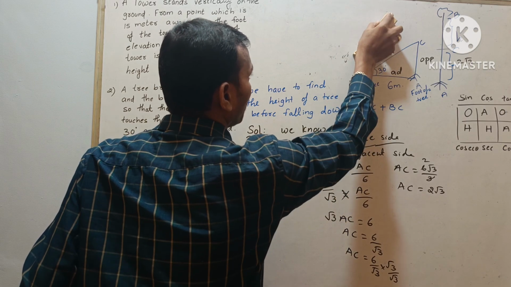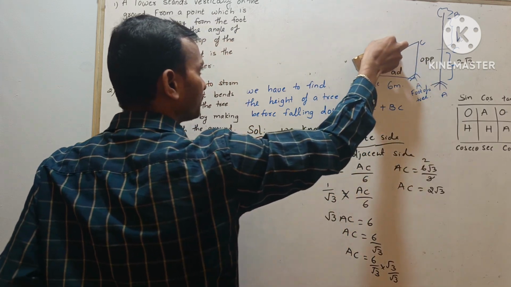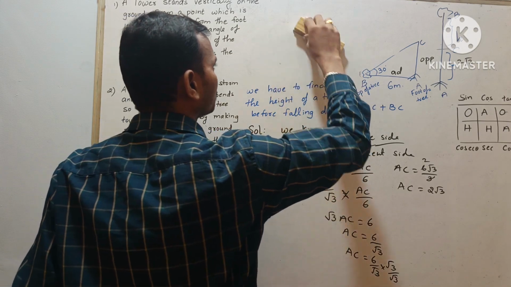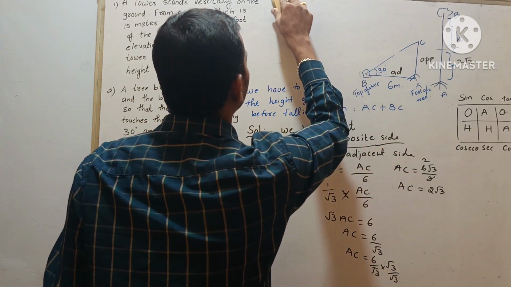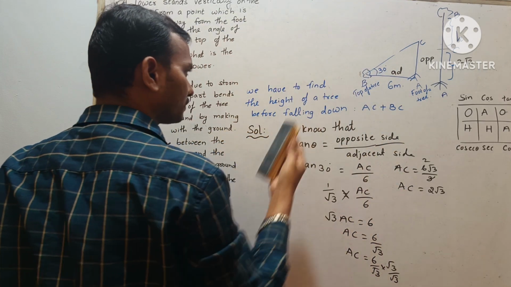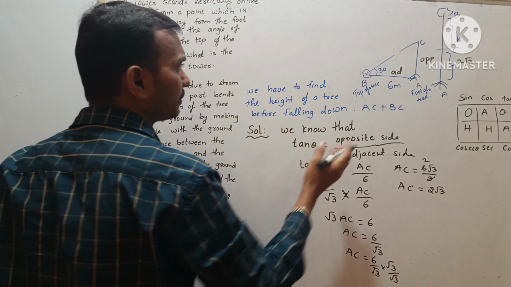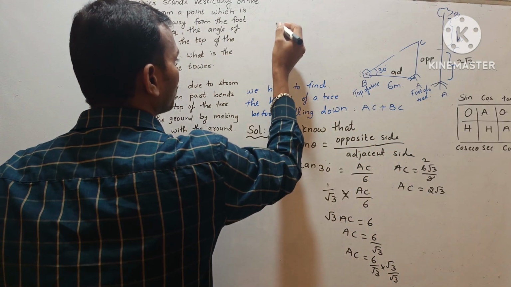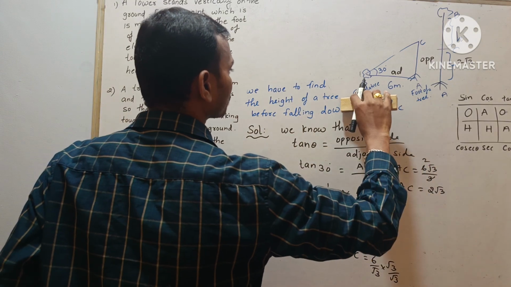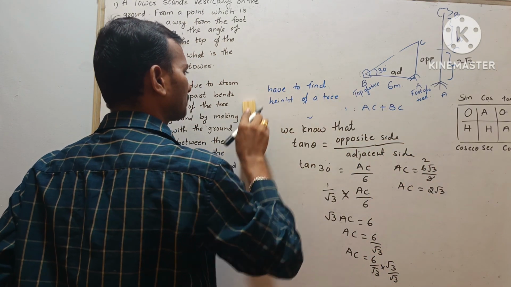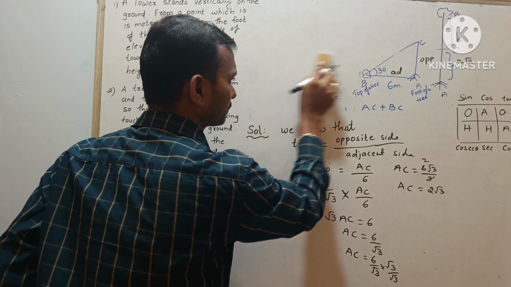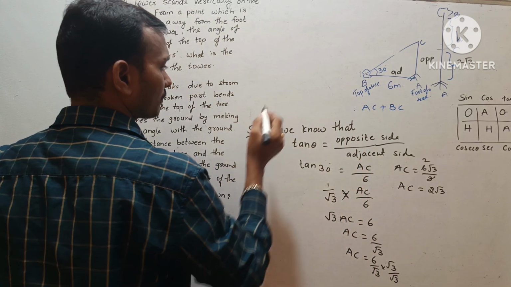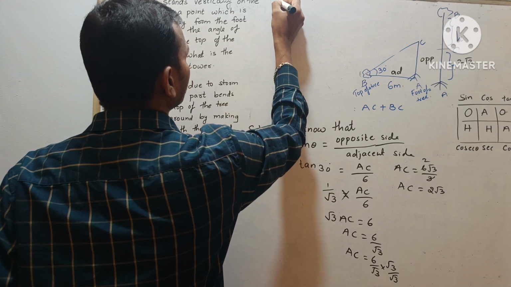We can use opposite by hypotenuse, or we can use the adjacent hypotenuse relation. So I'm using sine theta.